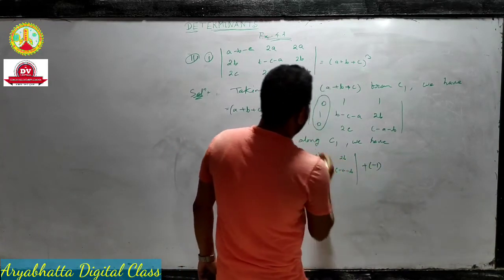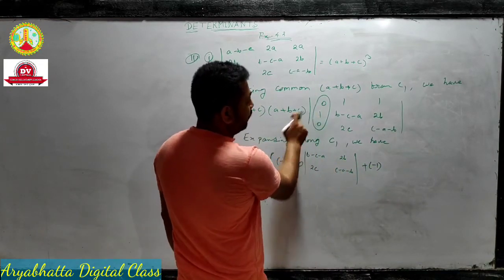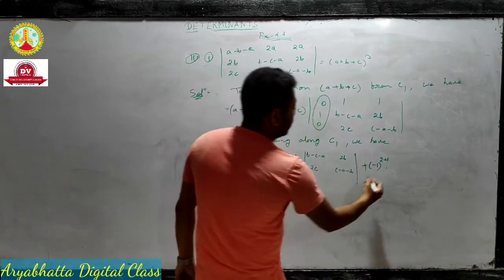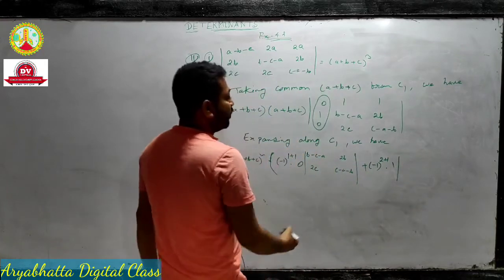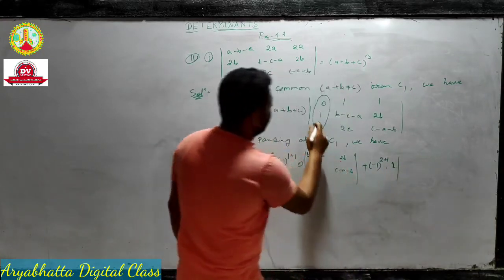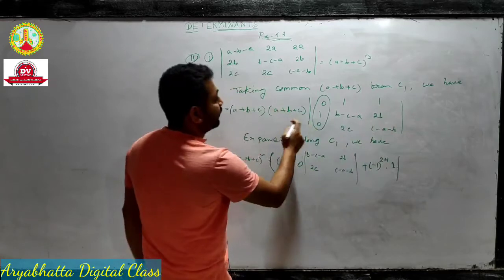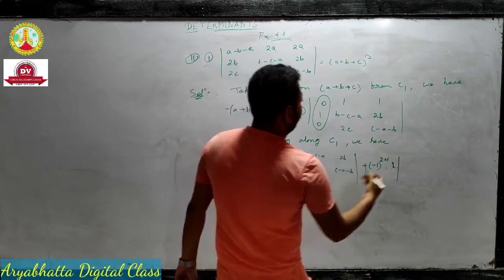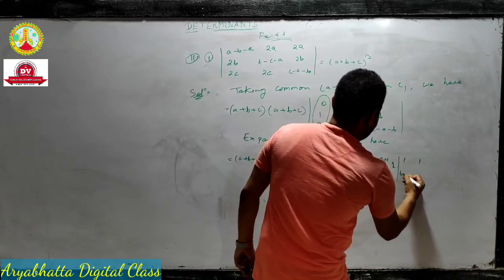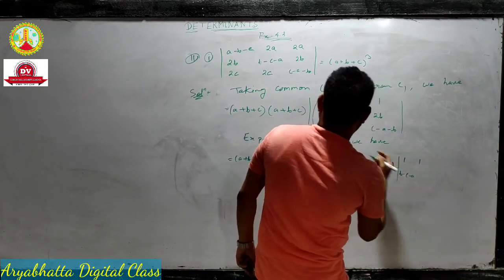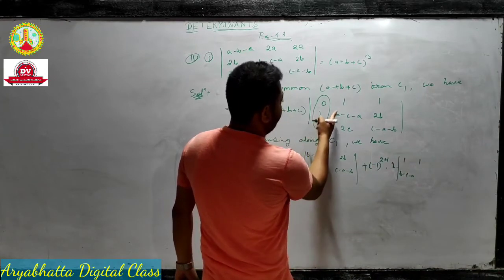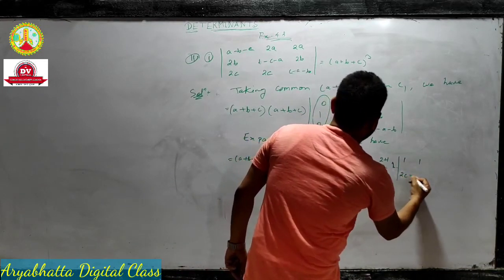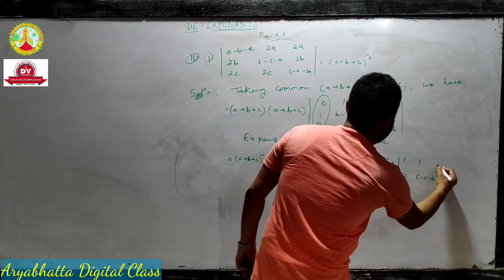Plus, for the next element, which belongs to the second row, first column, (−1)^(2+1) into the element 1 into the determinant remaining after deleting this column and this row: 1, 1, 2c, c − a − b.